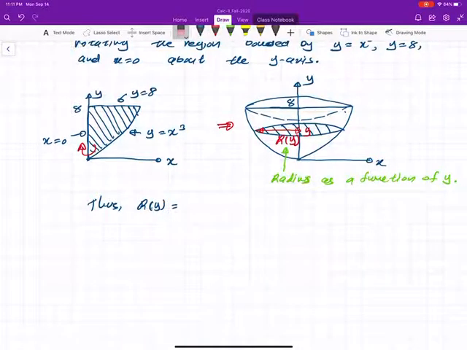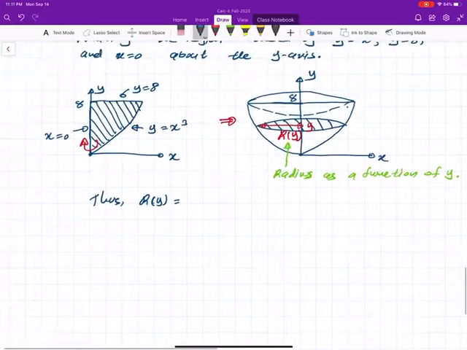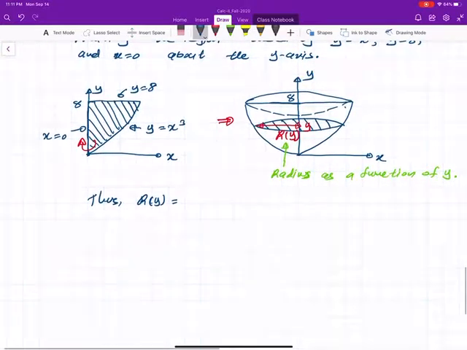Okay, you know that the radius can be given by this length, that length, which is actually the value of that function. That function is y equals x to the power 3. Let me write it a little below.